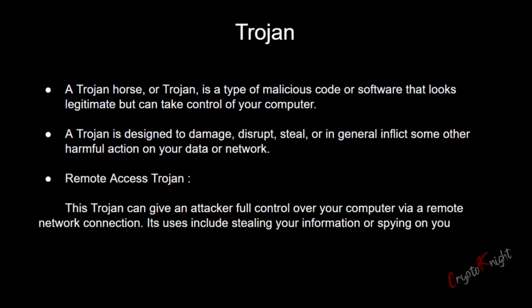Now, what is a remote access Trojan? It is also popularly known as RAT, for the initials. RAT stands for Remote Administrative Tool. This Trojan can give an attacker full control over your computer via a remote network connection. Its uses include stealing your information or spying on you.